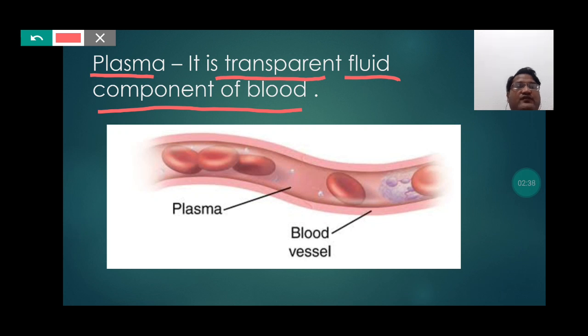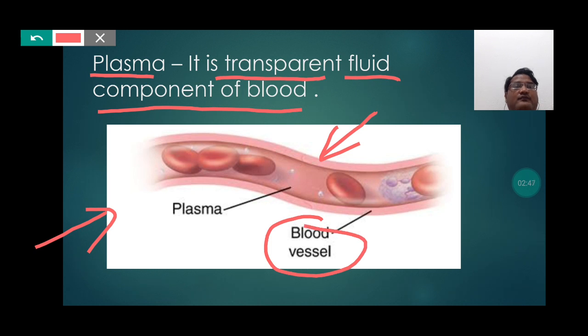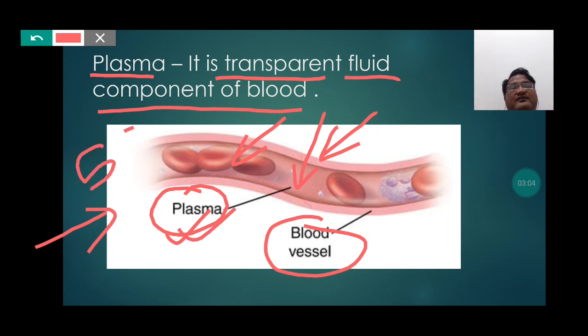If you concentrate on this picture, you can notice that inside the blood vessel there is a flow of the blood cells, and there is also a flow of the transparent fluid component of the blood, which we call plasma, which comprises 55% of the total blood volume.